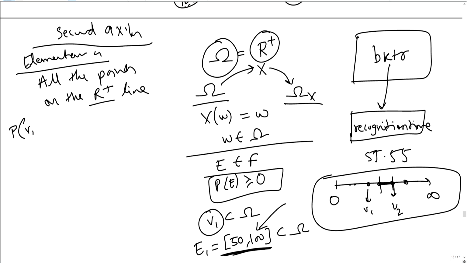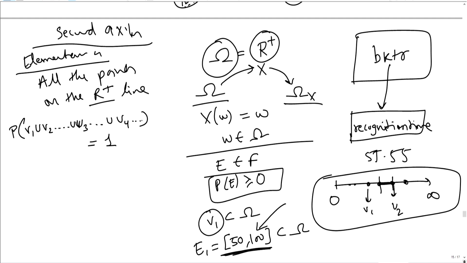Let us say the first point is V1, the second is V2, and there would be an infinite number of points between V1 and V2 as well as, let us say, between V3 and V4. So the probability of their union would be equal to 1. By the way, these are infinite number of points, V1 to whatever Vn, and the probability of the union of all those events is equal to 1. That is what the second axiom says.